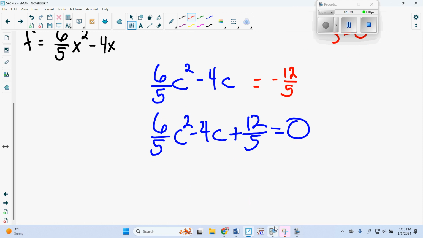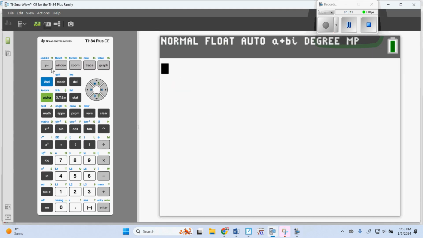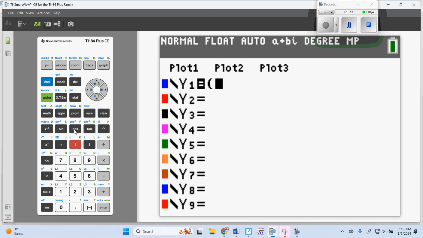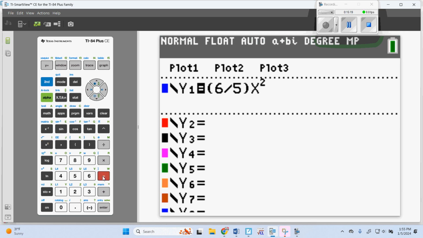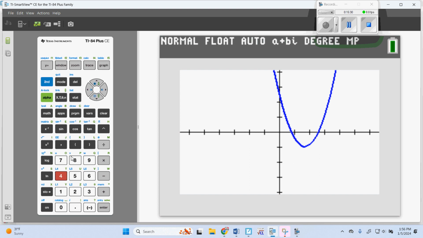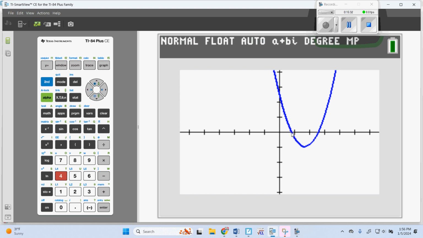Now, we can solve that, and we could easily do that on the calculator. If you want to do it on the calculator, the easy way would be to go in and graph 6/5 x squared. We're not really worrying about trying to know how to solve quadratics. If you can factor something easily, let's do it. But if not, if we graph this, we can see we got an answer here at about 0.8 and about 2.5.